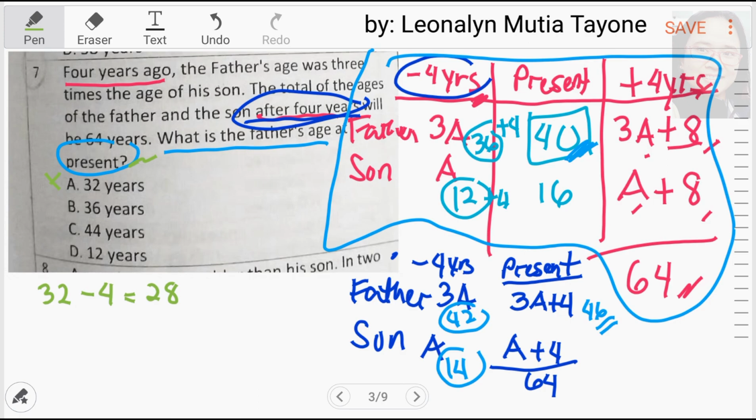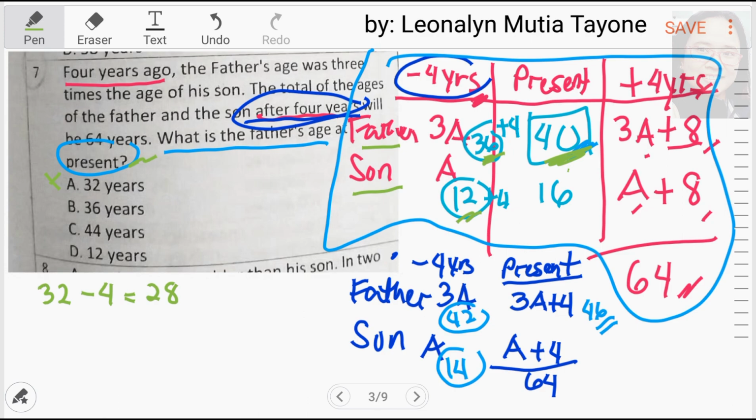Bakit i-divide natin ang 3? Remember, ang father ay 3 times the age of his son. So, example lang, kung 40 ang sagot, mag-minus ka ng 4, that will be 36. Ang 36, exactly, ma-divide ng 3, 36 divided by 3, and that is 12.